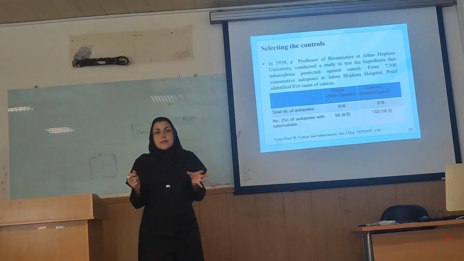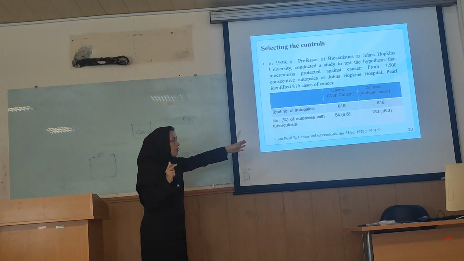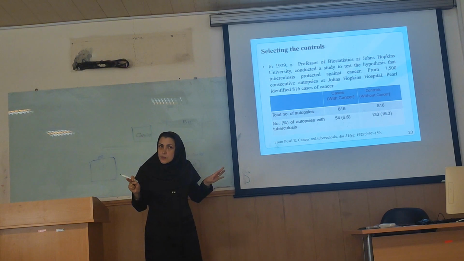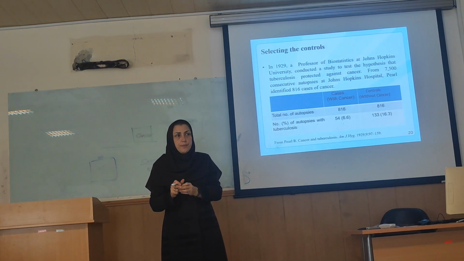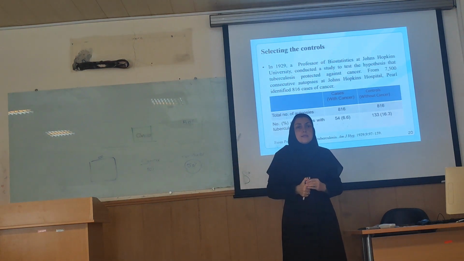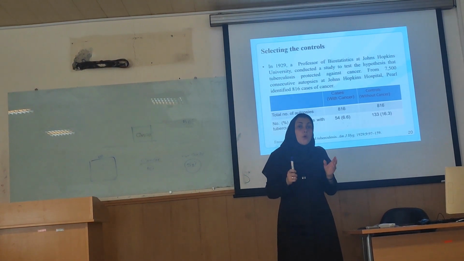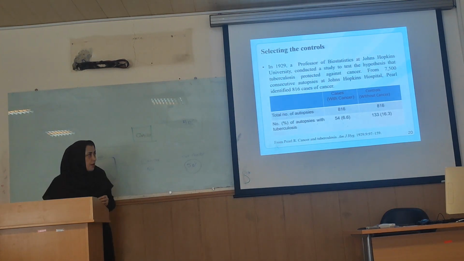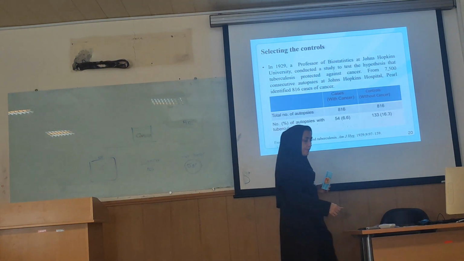And he saw that there is no difference between the percentage of tuberculosis in cases and controls. So there was no association between tuberculosis and cancer. It shows how important selecting controls is. It is evidence of the importance of selecting appropriate controls.